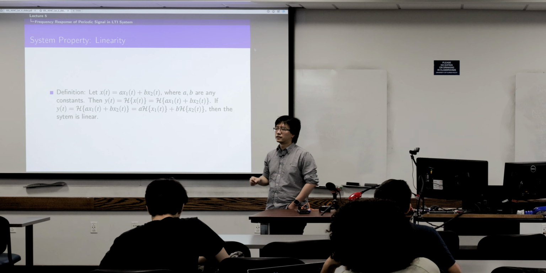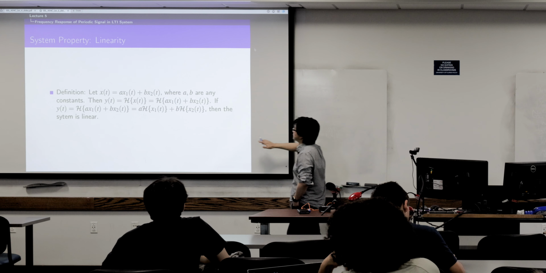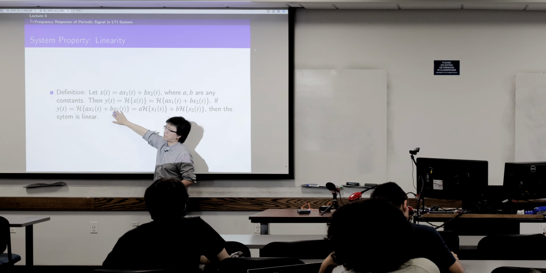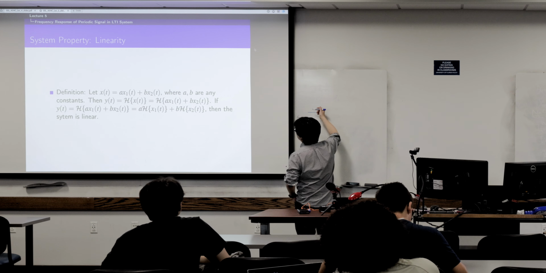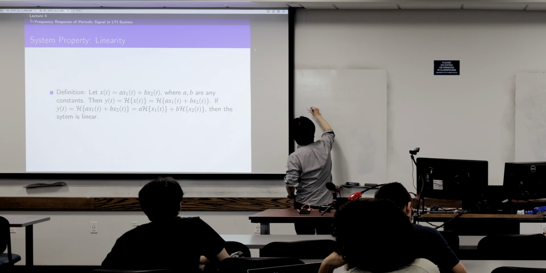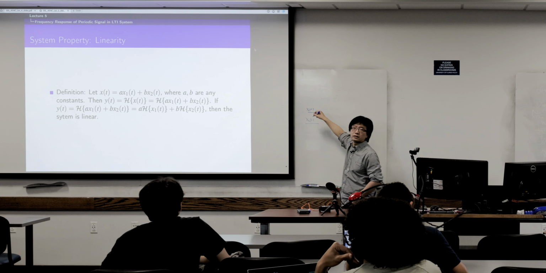Does that make sense? Maybe we can have a deeper look at this. Let's see what this part means. If the input is like this, let's say our input is x1(t) and x2(t). Can you see what I'm writing here?